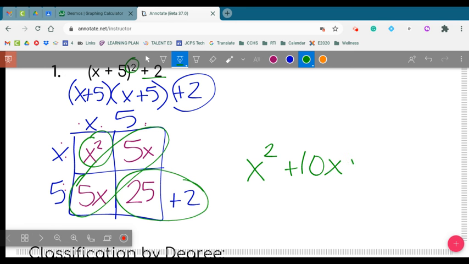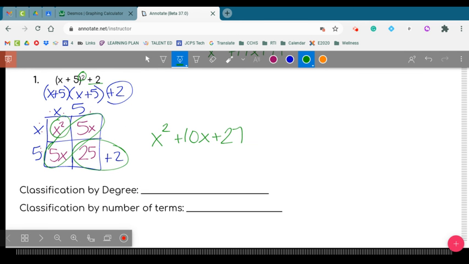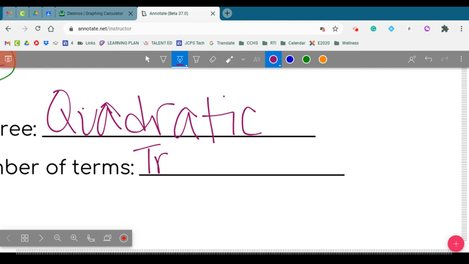So 25 plus 2 is going to give me 27. So that plus 2 we just add to the very end. We don't really need to worry about it at the beginning. Biggest exponent is 2, so this is a quadratic. And I have 1, 2, 3 terms, so this is a trinomial.